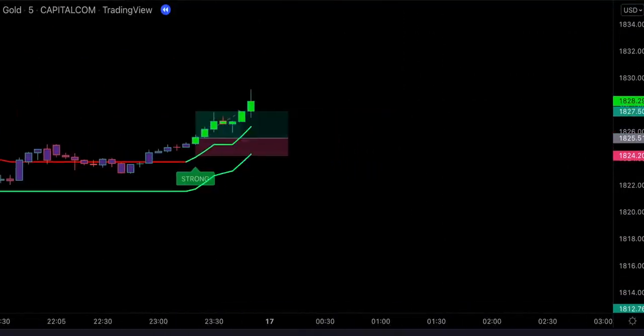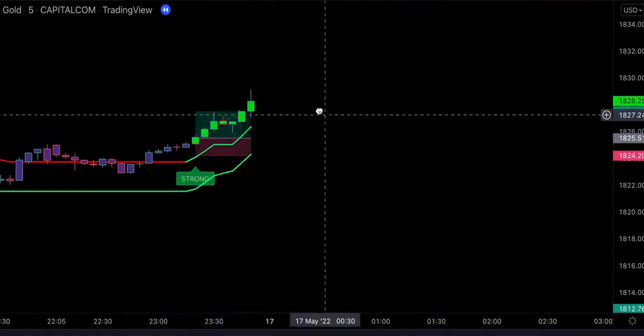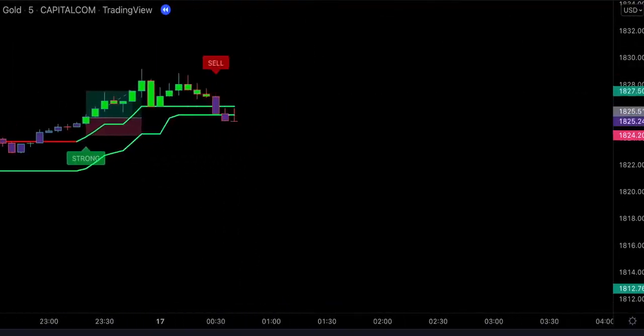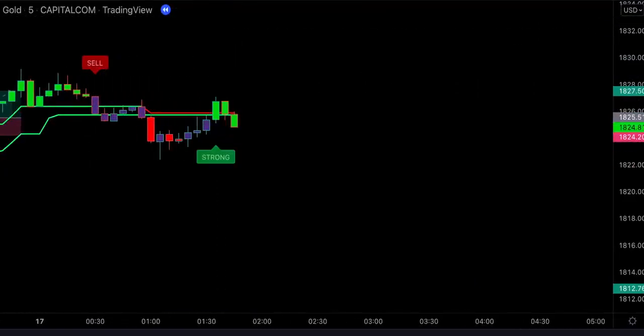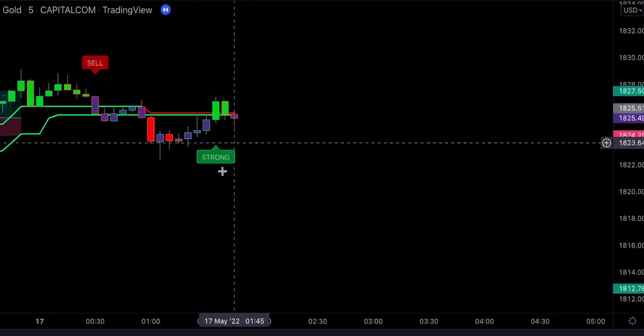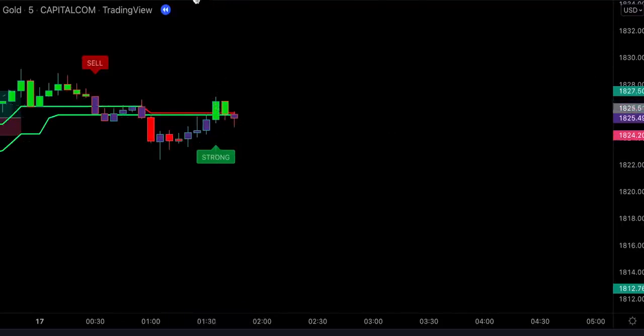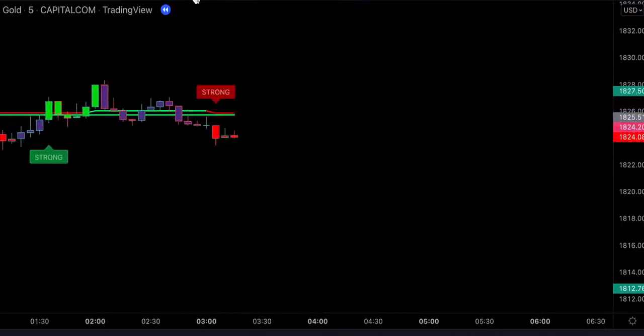And we see this indicator has been working really well so far. This sell signal wasn't confirmed. This buy signal was also not valid. So we see the idea behind this indicator is not just to get us into the trend at the best possible price, but to eliminate losses as well.